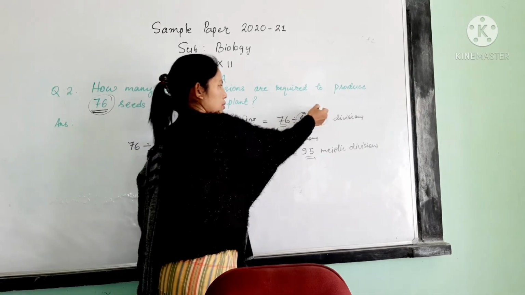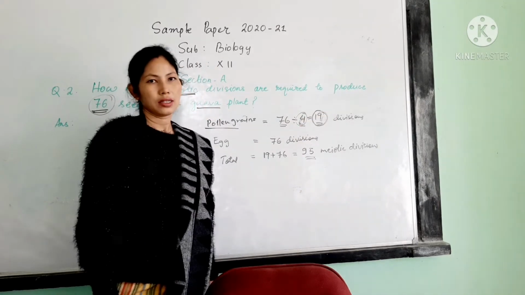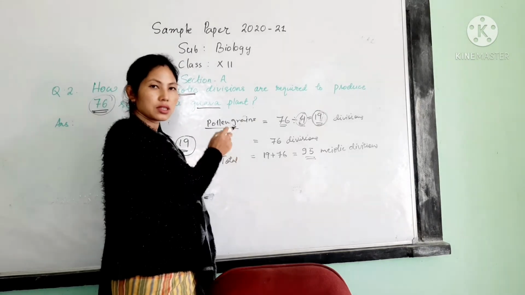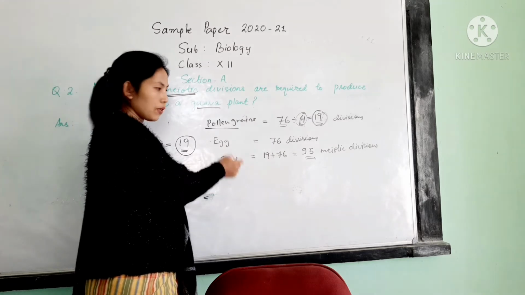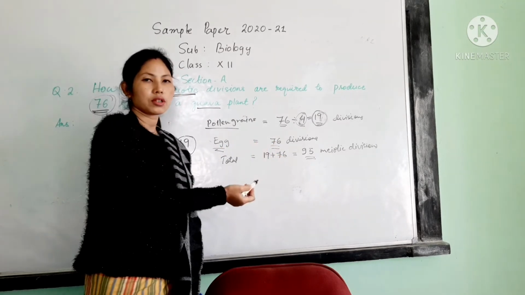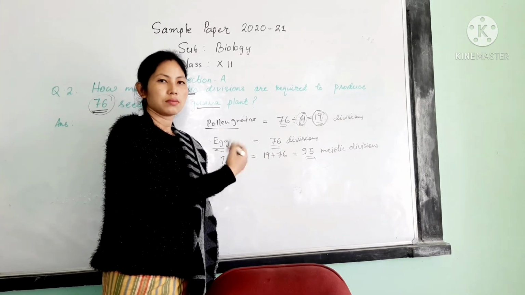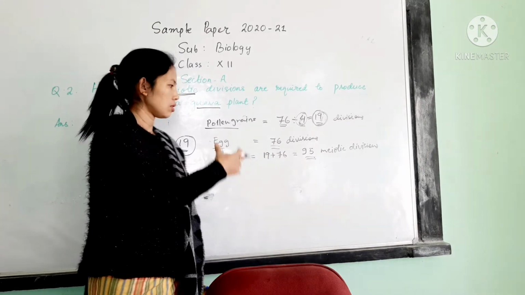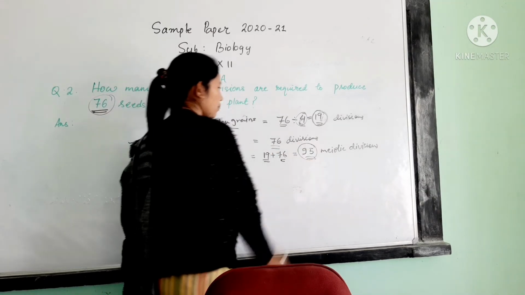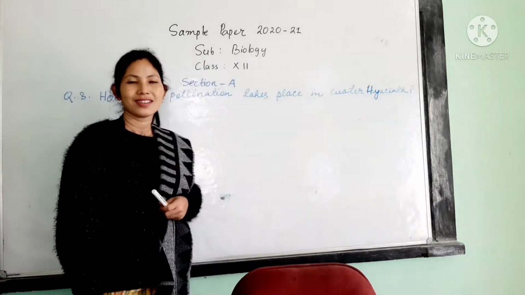So in this way we found out that total 19 divisions. Whereas in case of meiotic divisions in the female gametophyte, here we require 76 divisions, resulting in the production of 76 egg cells, right? So total, by adding these two, we get total 95 meiotic divisions.